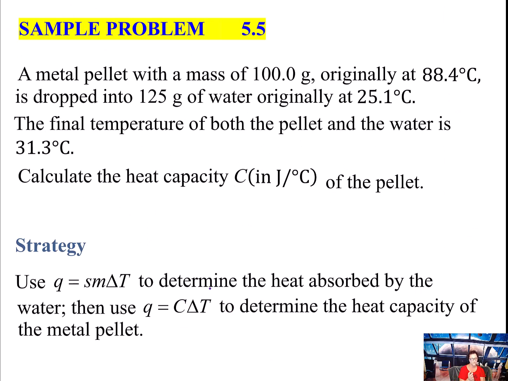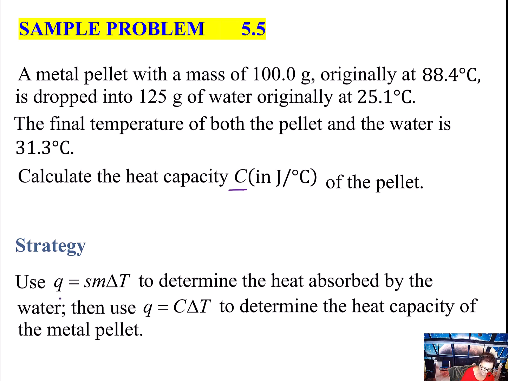So you put a metal pellet with a mass of 100 grams, originally at 88.4 degrees C, and drop it into 125 grams of water, which was originally at 25.1 degrees C. The final temperature of both of them when they come to equilibrium, when the temperature stops moving back and forth, is 31.3 degrees C, and it wants us to calculate the heat capacity C in joules per degree C of the pellet.